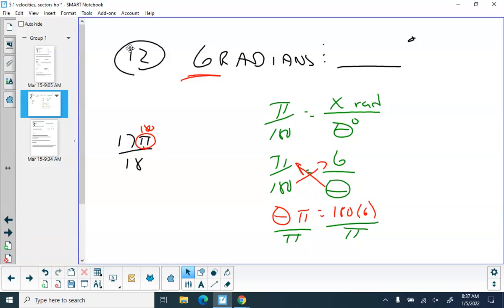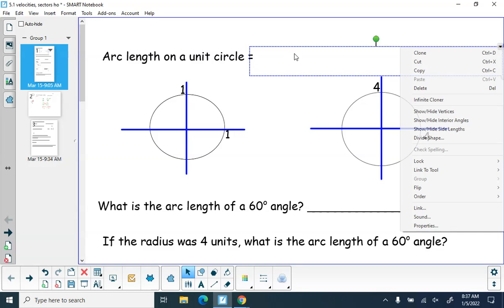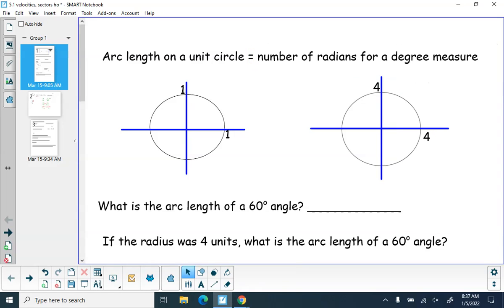Today we're going to talk about angular speed. We're going to talk about areas of sectors and arc lengths. When we talk about the arc length on a unit circle, once again, the arc length on a unit circle is your number of radians for the degree measure of a central angle.